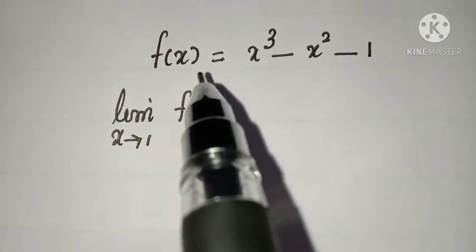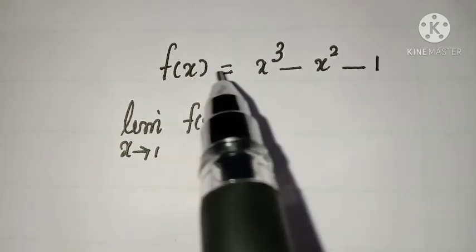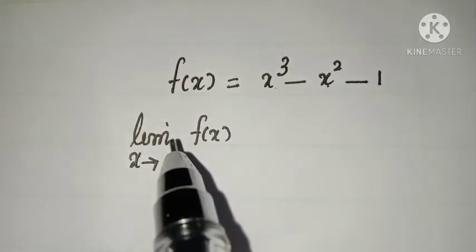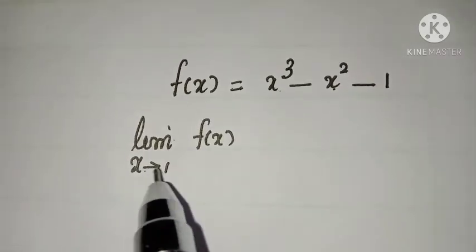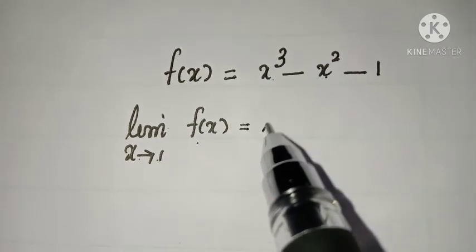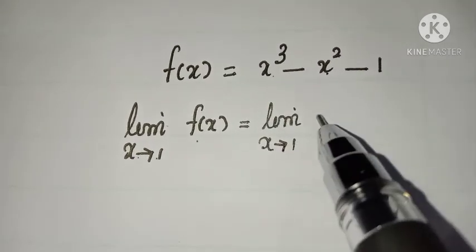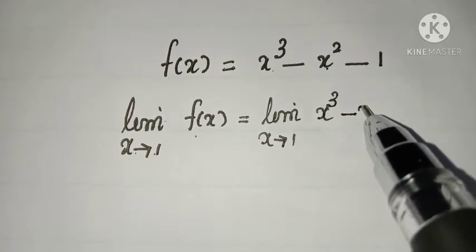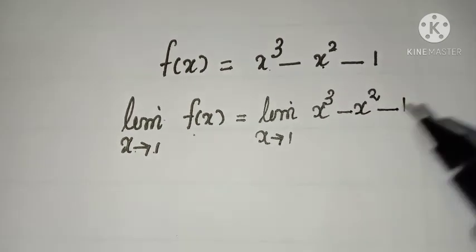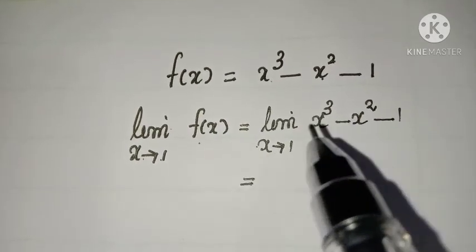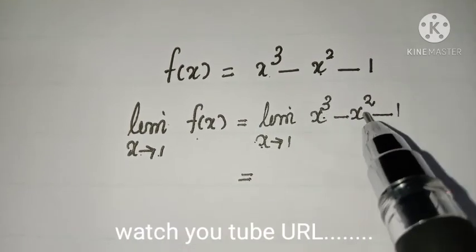Now see this example. We have f of x equal to x cube minus x square minus 1. We want to find limit x tends to 1 f of x. First we need to replace f of x. What is f of x? X cube minus x square minus 1. Now find the limit, so put x equal to 1 here.